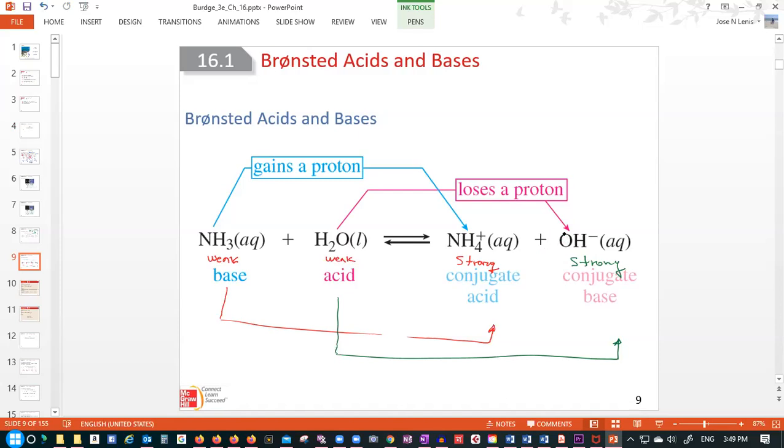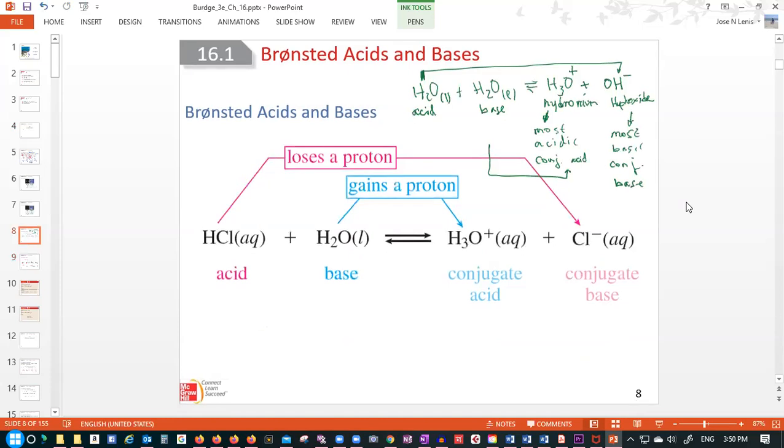We can say that these two, once they are formed and since they are strong, will react with each other right away, shifting the equilibrium to the left. So at the equilibrium position, mostly you will have unreacted base. And that's part of the definition of a weak base. We classify ammonia as a weak base due to that reason.